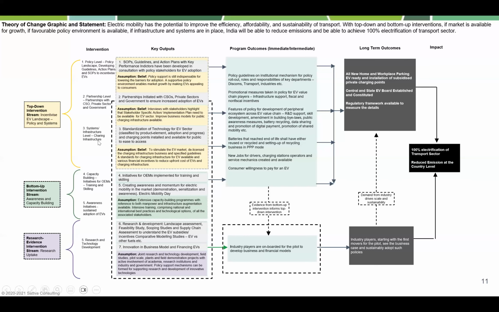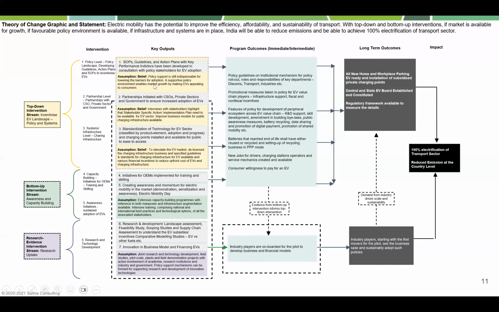So if you take a look at these three different interventions, you will find the key outputs are different. When I am working at the policy level, I emphasize the SOP, guidelines, action plan, etc. While working on the partnership, it looks more like partnership conversations initiated and partnership documents available, or MOUs actually completed.